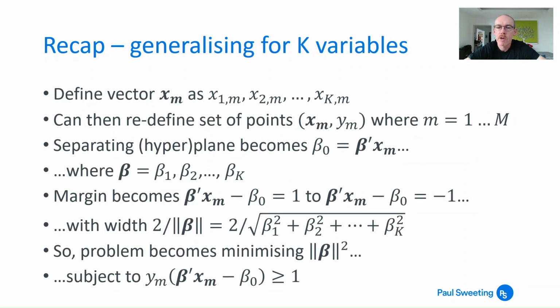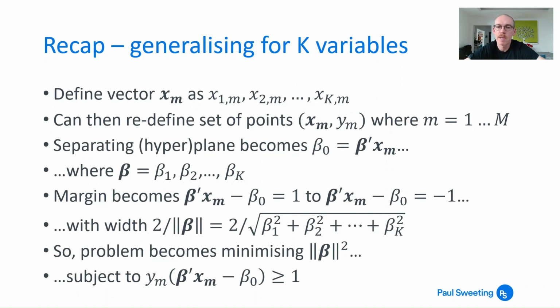Now, if we generalize this for k variables, as you remember, then instead of just x1m and x2m, we go all the way out to xkm, and we call that the vector xm, which is in bold. And then we're redefining the set of points as bold xm, so the vector xm comma ym, where m is equal to 1 to M for M firms.